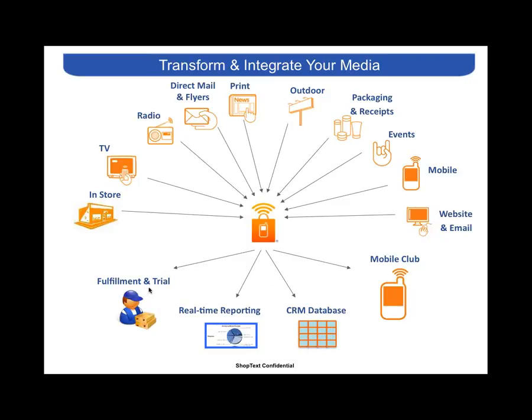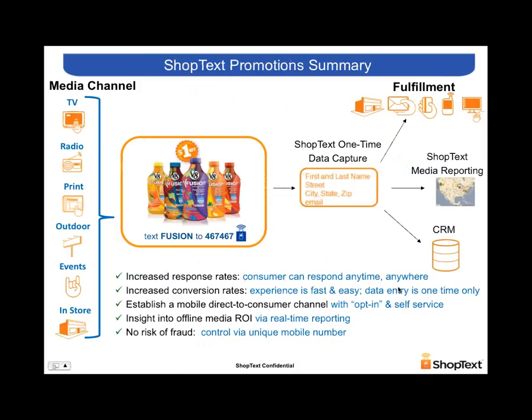Many of our clients, while we're sending off data to a fulfillment center, also like us to pass it directly into their CRM database, and then obviously add on the mobile channel as a new way to connect to consumers. So back to the initial slide that we started with.